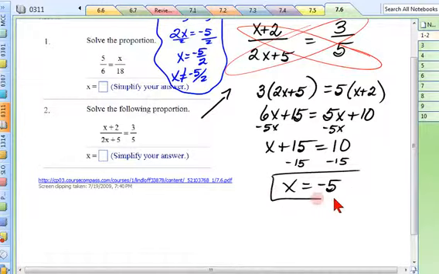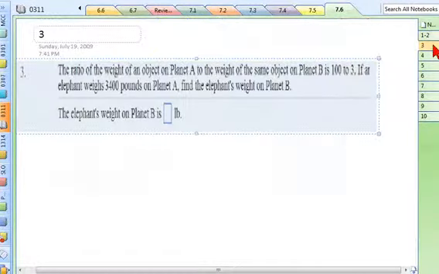No. That's a good answer. So you will start this lesson by doing 2 proportions. And I've done one of the 2. All right. Problem number 3.